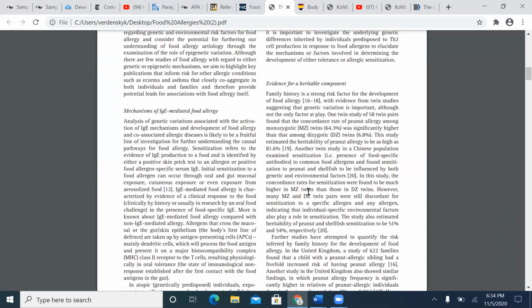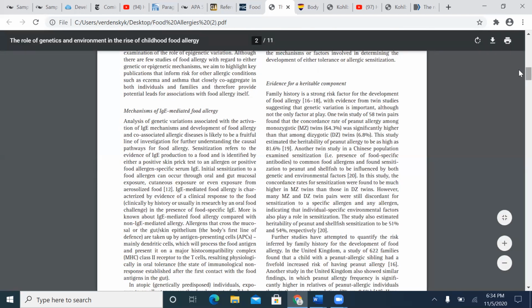However, many MZ and DZ twin pairs were still discordant for sensitization to a specific allergen, indicating the individual specific environmental factors also play a role in sensitization. The study also estimated heritability of peanut and shellfish sensitization to be 51 and 54%.